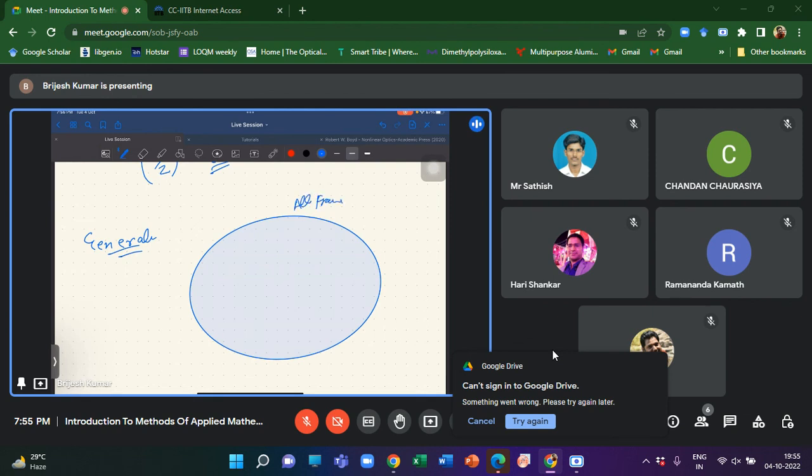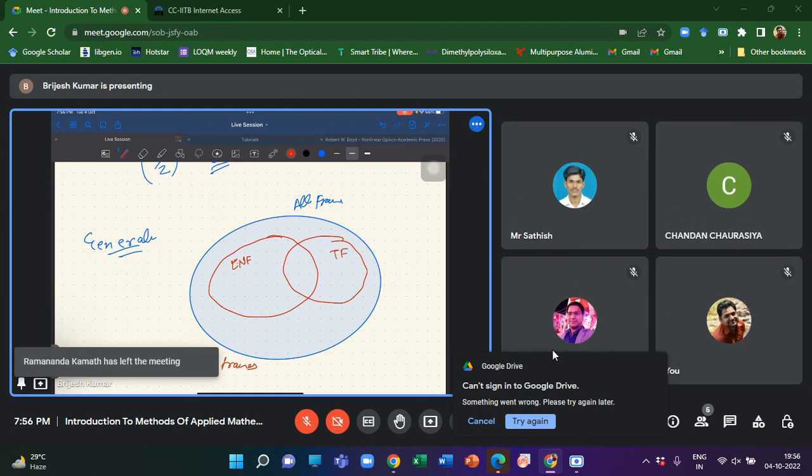Then we can divide it into one, so into one it will be ENF. ENF is equal norm frames, and this will be TF, that is called tight frames.